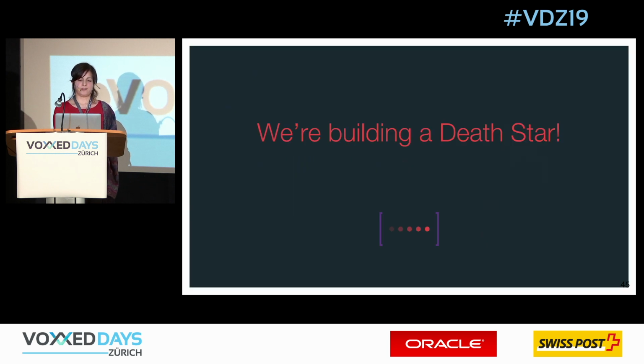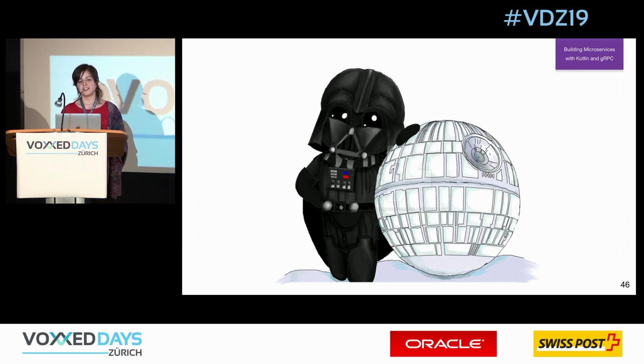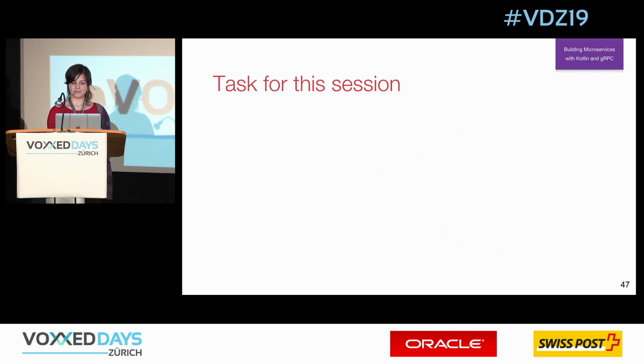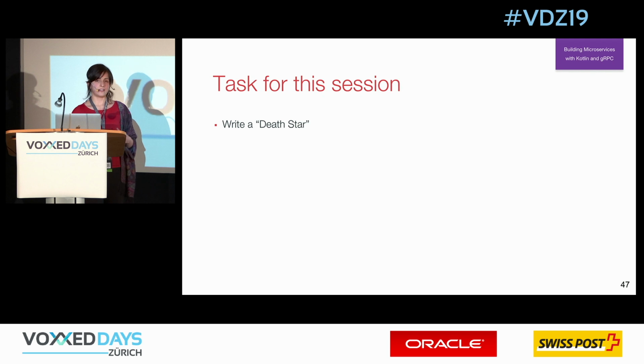Let's implement some service. As I am a huge fan of Star Wars, maybe you've seen it in my slides, I decided that we should build a Death Star, this tiny little Death Star that can destroy planets. So, the task for today's session. First of all, we need to write a Death Star and destroy planets.